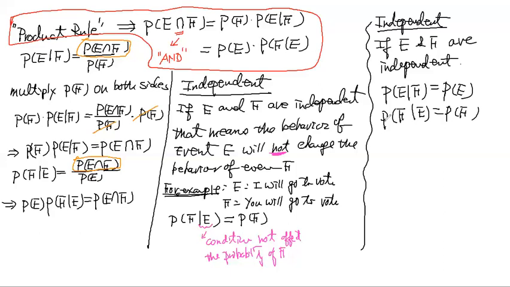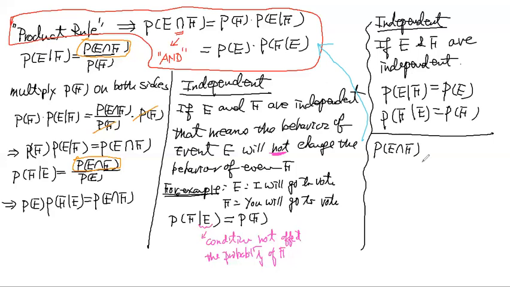Okay, so now we arrive at something very important. If they are independent, then the probability of E intersection F, from what we did here, is normally your condition times the conditional probability.